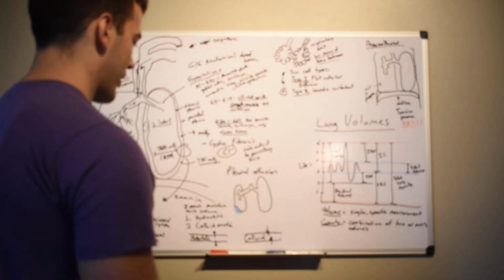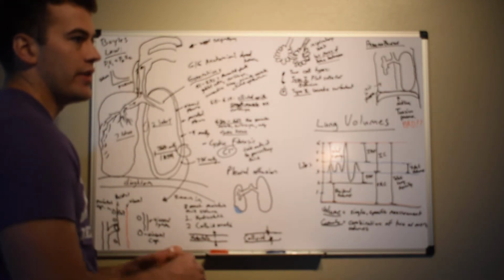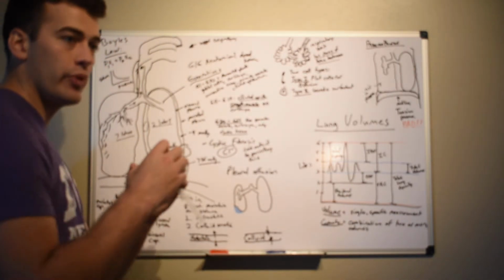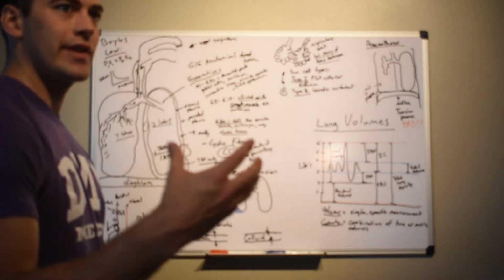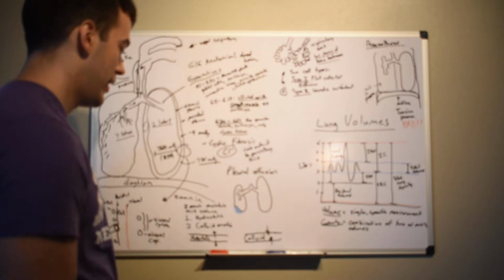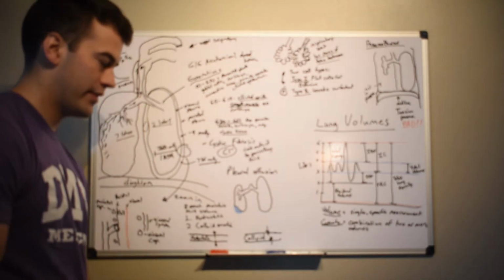But that force of the fluid pushing against the vessel walls is going to force out some of the fluid of our blood. It's going to force out some of the plasma and some of the proteins. Okay?